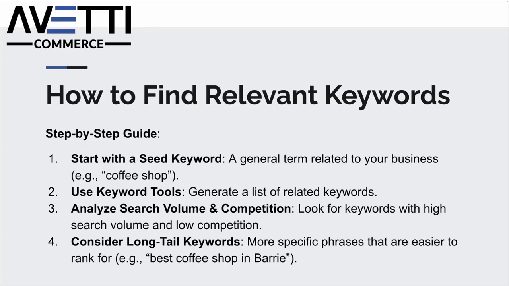And one of the things that you should focus on if you really want to rank on long tail keywords is local SEO, which is local search engine optimization. What do you mean by local search engine optimization? It is when you are trying to rank in a particular geographic location.